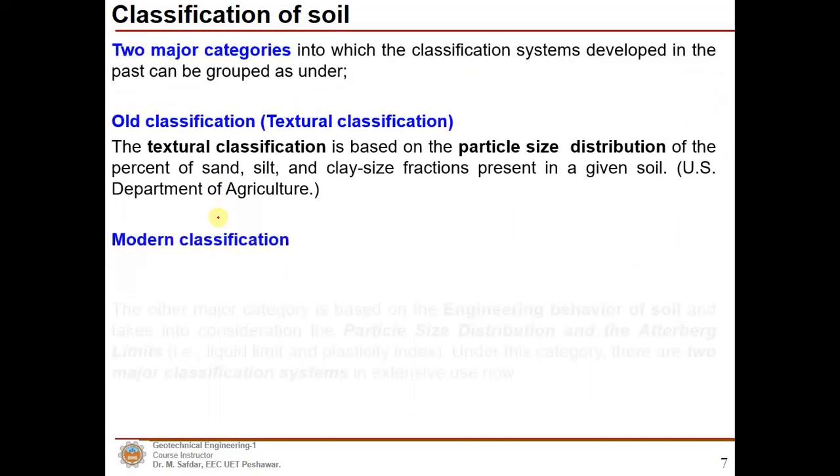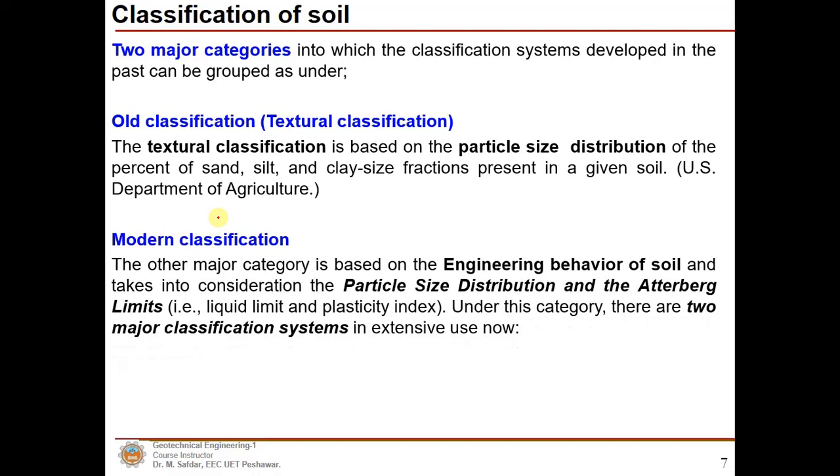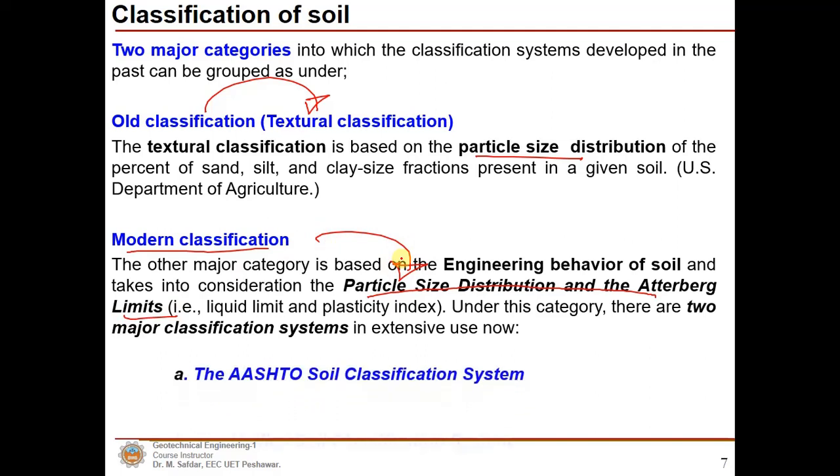Two major categories were discussed. The older classification is based upon the textural classification, only the particle size distribution, and the modern classification is based upon the particle size distribution and the Atterberg limits. There are two systems, AASHTO and unified. AASHTO is our base topic.